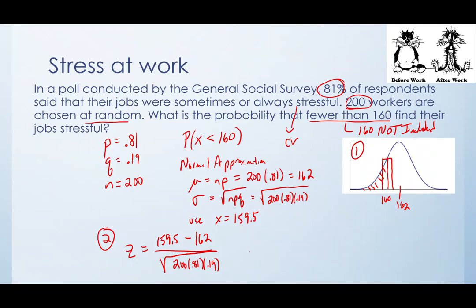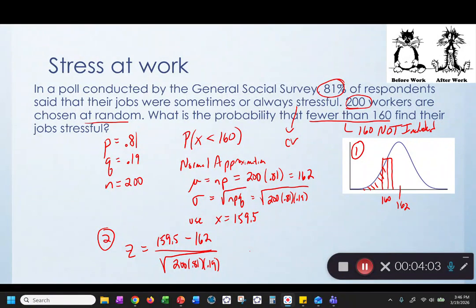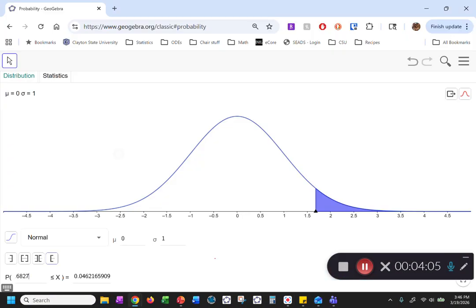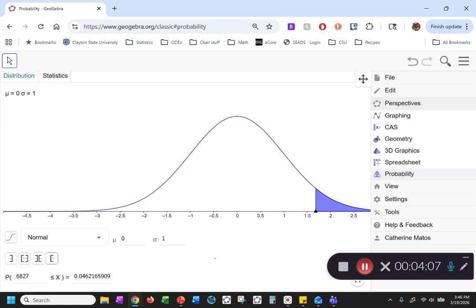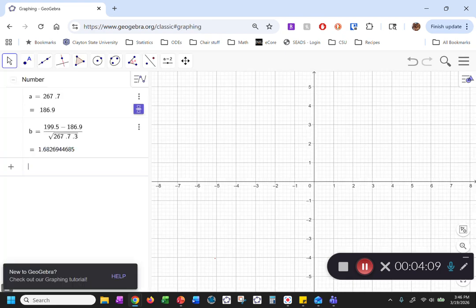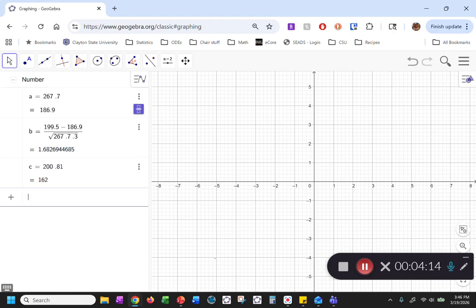All right, so we've got to put that in a calculator or GeoGebra. Let me double check that my mental math was correct, and it was. Good. So we're looking at 159.5 minus 162, and we're going to divide that by the square root of 200 times 0.81 times 0.19.